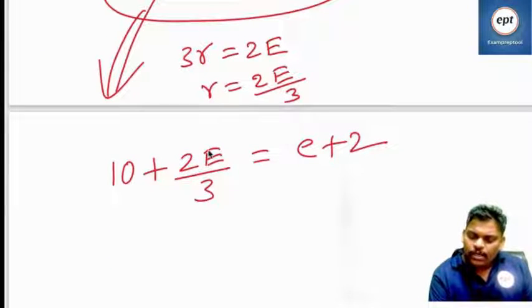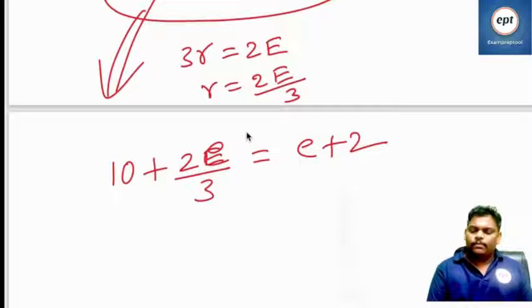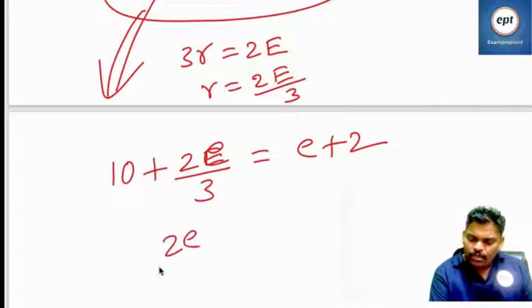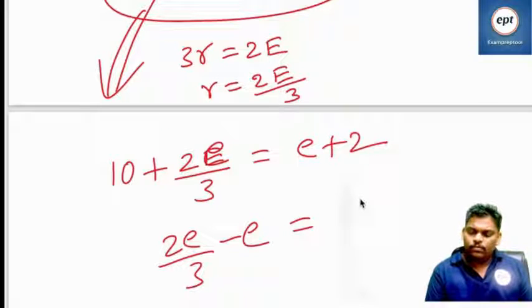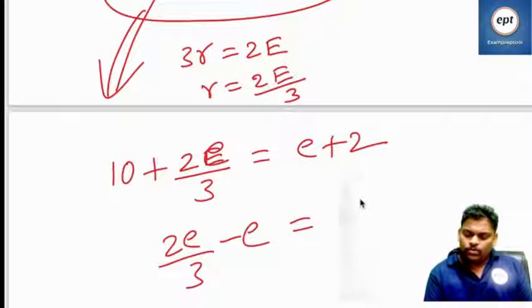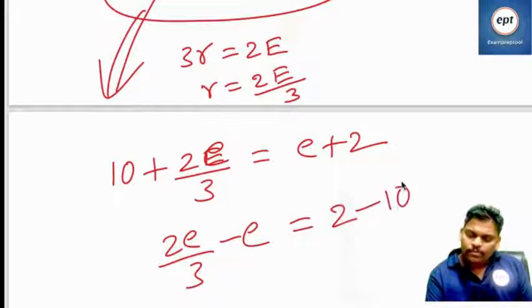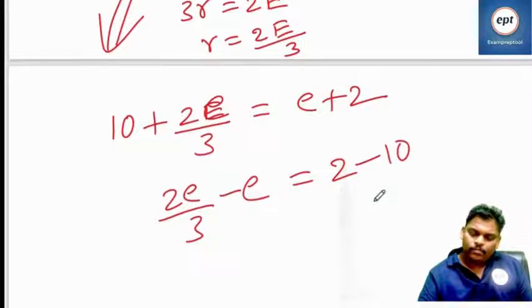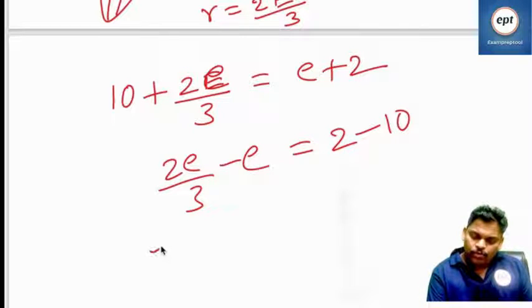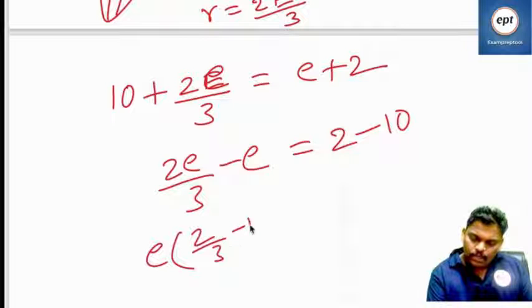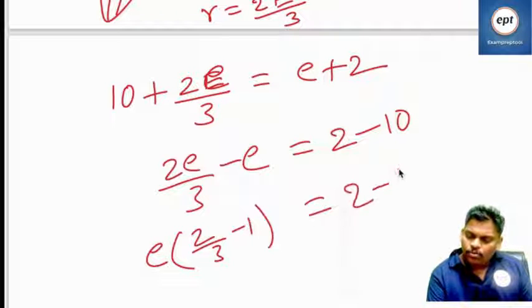Small e or capital E doesn't matter. So E bring this side: 2E by 3 minus E is equal to 2 minus 10. If you take E common, 2 by 3 minus 1 is equal to 2 minus 10.